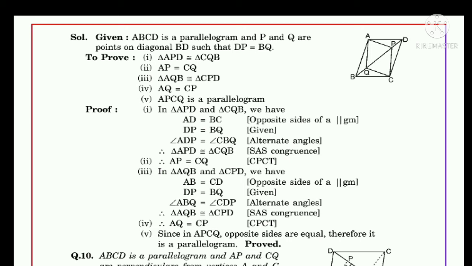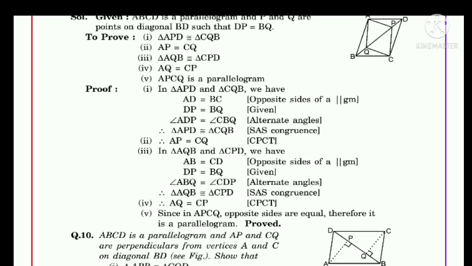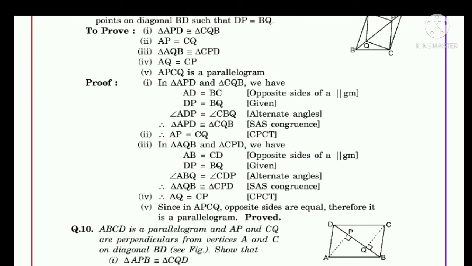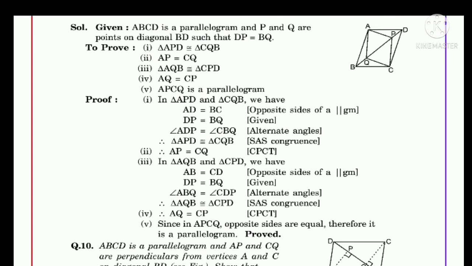If BD is a transversal, then ADP and CBQ are alternate interior angles. Since AD and BC are parallel, these two alternate interior angles are equal. So that's why we write this, and therefore APD is congruent to CQB by side angle side, 2 sides and 1 angle, so the side angle side congruence rule we can apply, and these two triangles are congruent.